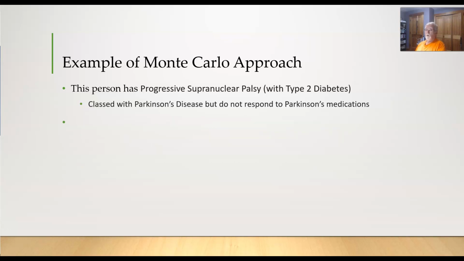And next week, I'm going to walk through and look at an actual example to illustrate the Monte Carlo approach. The person sample we look at has progressive supranuclear palsy with type 2 diabetes to make things even more fun. Usually this condition is classed with Parkinson's disease, but it doesn't respond to Parkinson's medication.